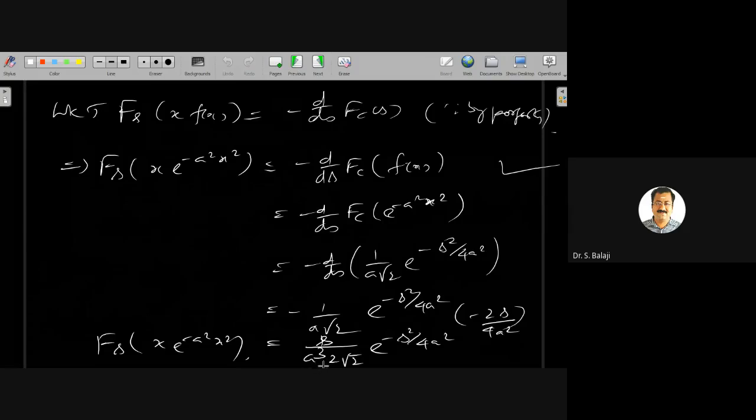So it will be 1 by a cube 2 root 2, s into e power minus s square by 4a square. Here you use the property because x is multiplied.